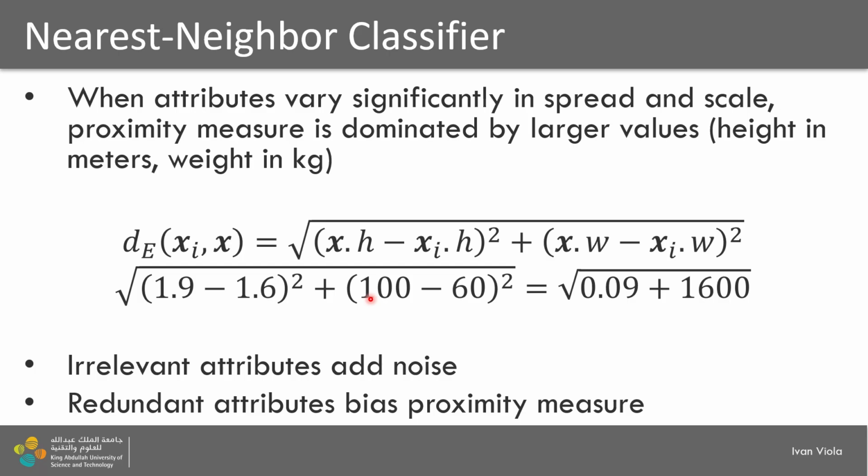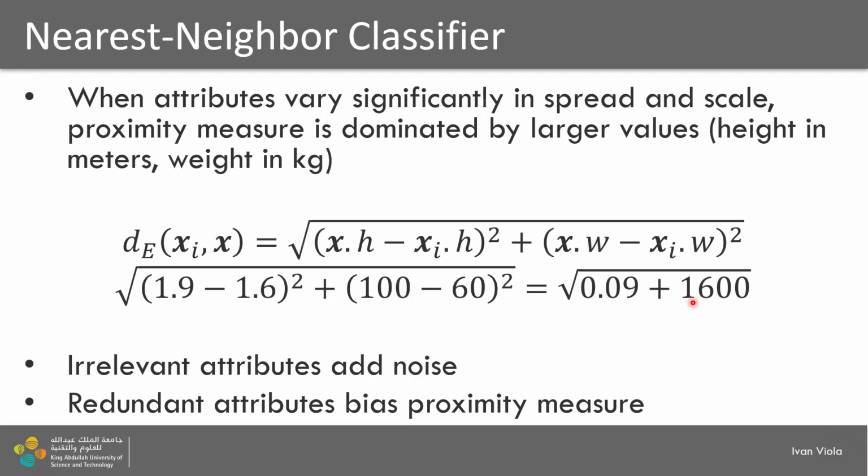And 40 powered by 2 is 1600. We can see that this distance measure will be heavily dominated by the weight, and the height is actually not contributing to the distance measure almost at all. It's negligible, and everything will be basically determined based on the weight aspect.